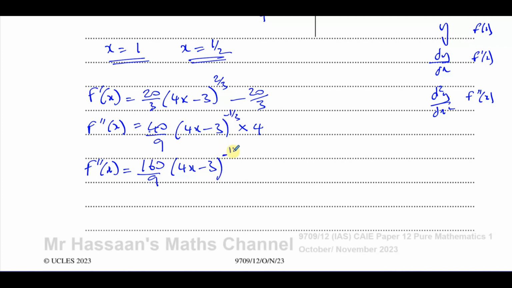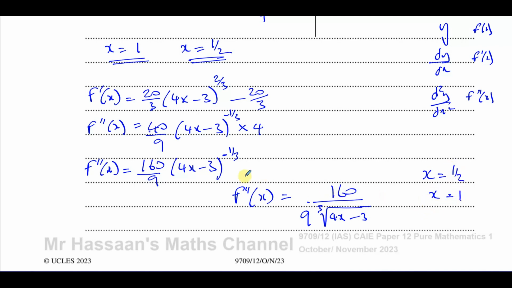So the second differential is equal to 160 over 9 times the cube root of 4x minus 3. That's the second differential, and we have the two values, x equals a half and x equals 1, where we have the stationary points.